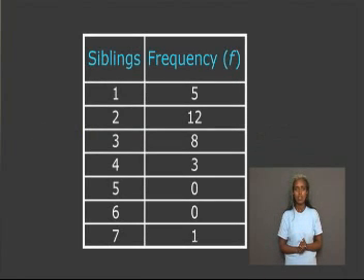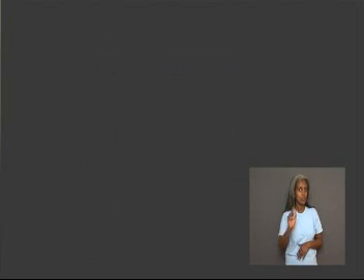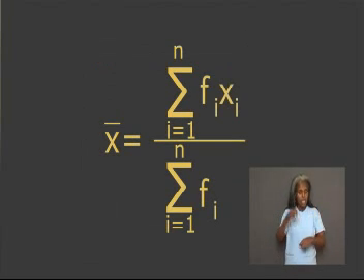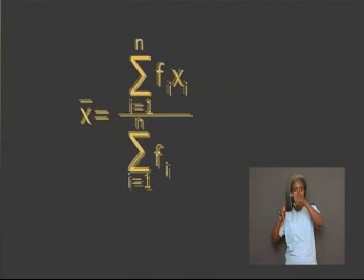Let us pretend that this frequency table shows us the brothers and sisters for each member of a class of students just like you. We can use this formula to find the mean expressed by x bar.